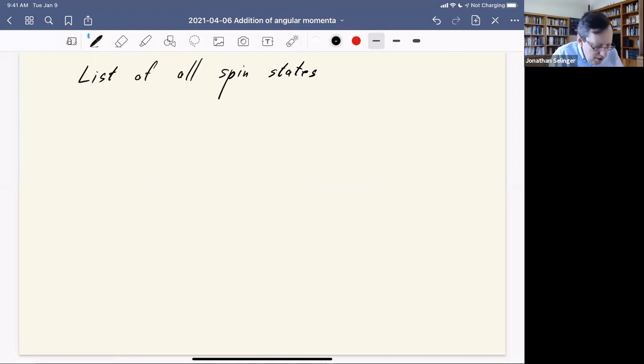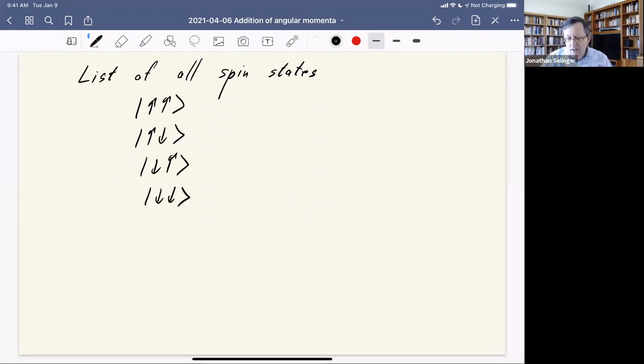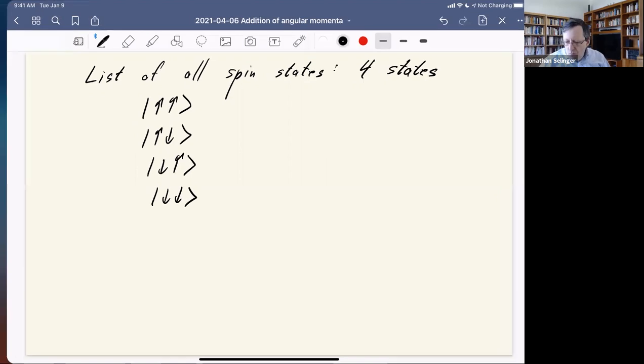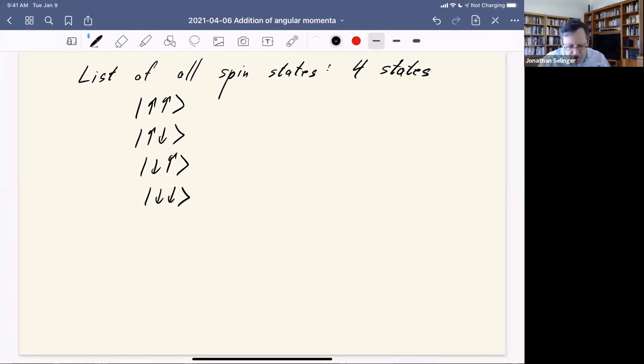I could write them in the shortest way as up, up, and up, down, and down, up, and down, down. That is 4 states.